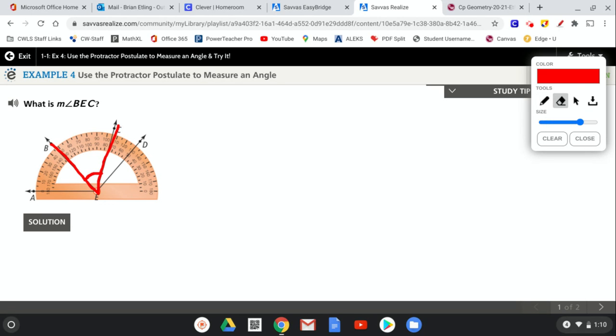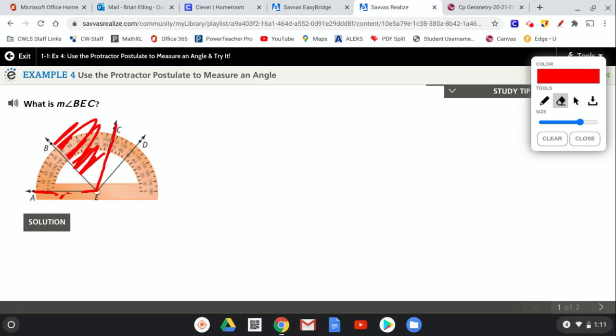The way that I see to do it is to just figure out what the measure of AEC is. So that's the whole thing that we have there. That's this whole thing. And what we're going to do is take away angle AEB, and that'll give us the angle that we want.